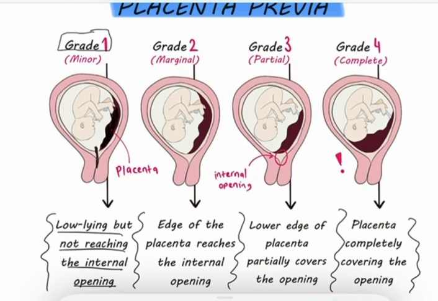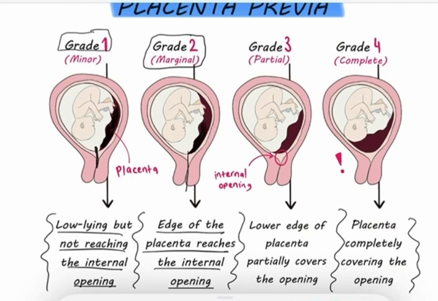This is grade 1 placenta previa. Grade 2 is marginal placenta previa. In this condition, the edge of the placenta reaches up to the internal opening, but still it is not covering the os completely. You can see here the placenta is reaching up to the os, but still it is not covering the os.